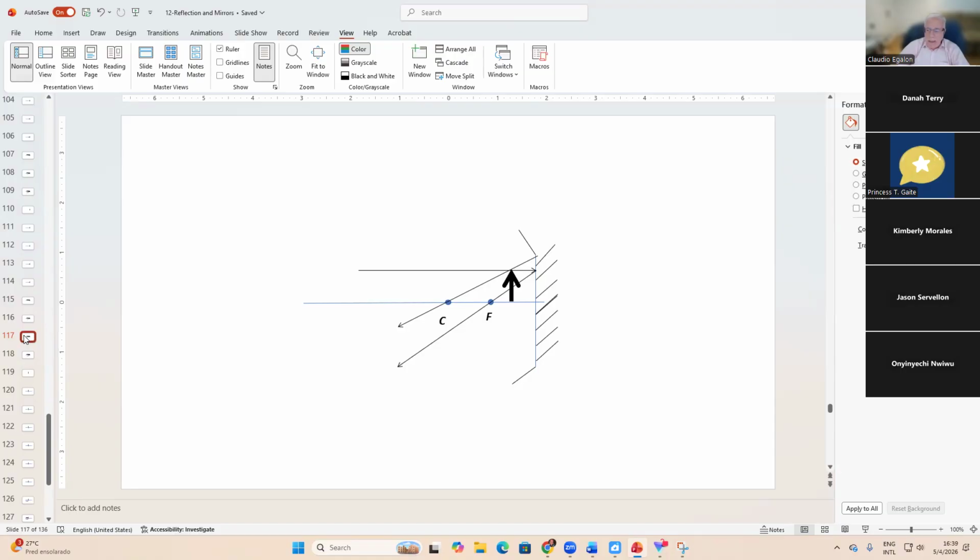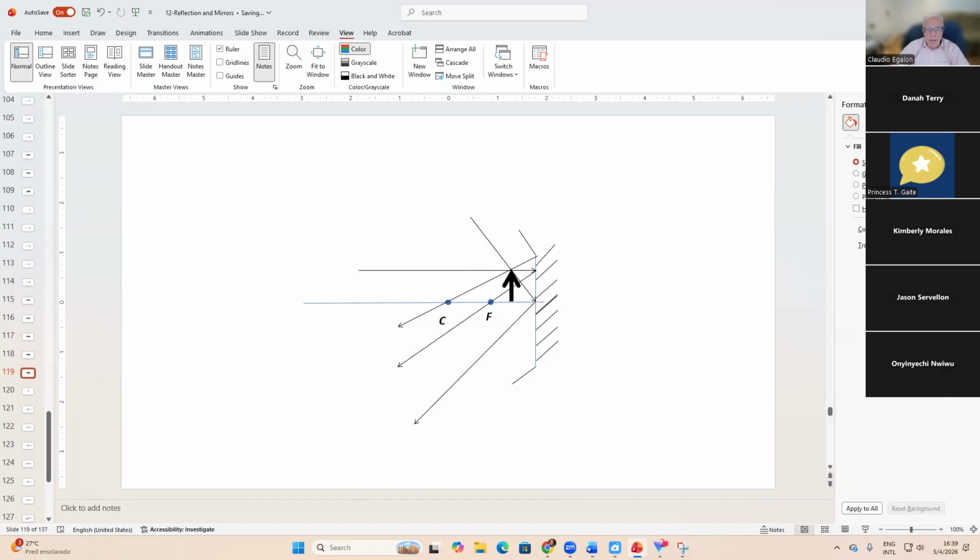Let's get a third light ray. 10 more minutes to go. Let's get this light ray here. And this light ray must also diverge from the other one.